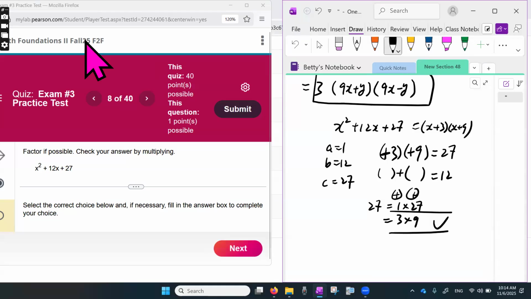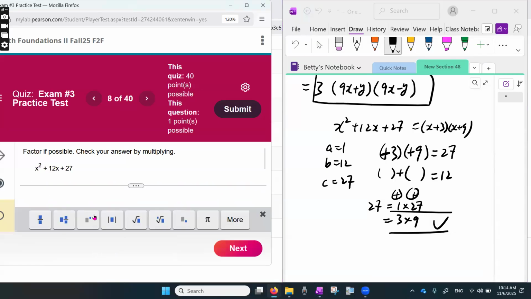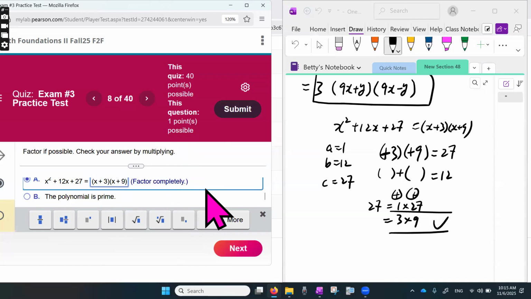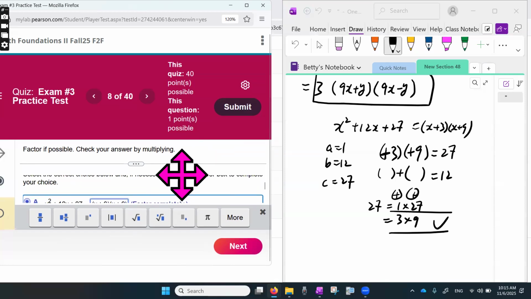Enter the answer here. x plus 3, x plus 9. Okay, oops, just want to double check.